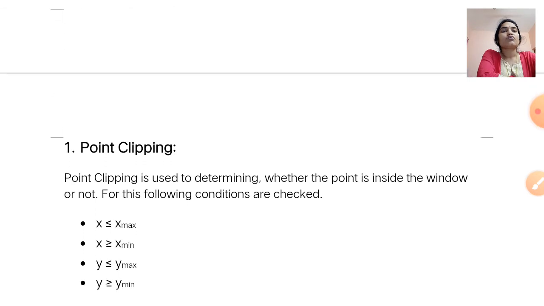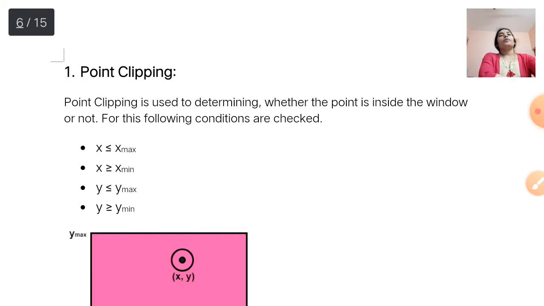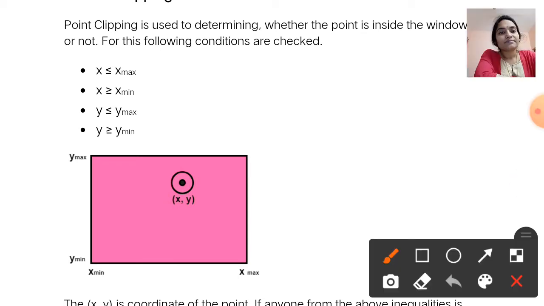Let us discuss what is point clipping. Point clipping is used to determine whether a point is inside the window or not. For this, the following conditions are checked. In this figure, this one is your x-axis and this one is your y-axis.